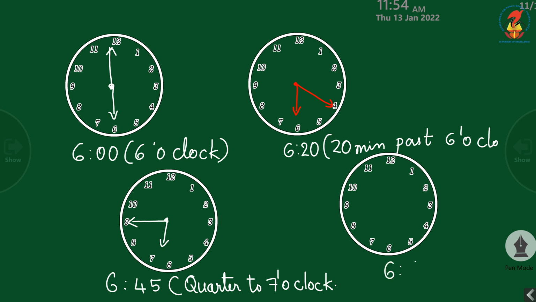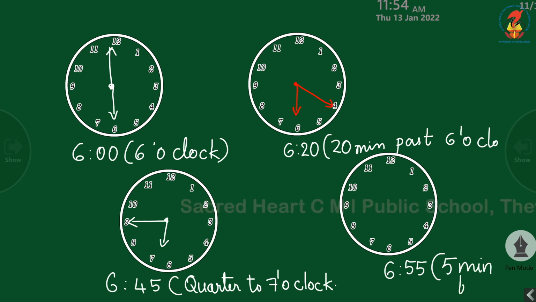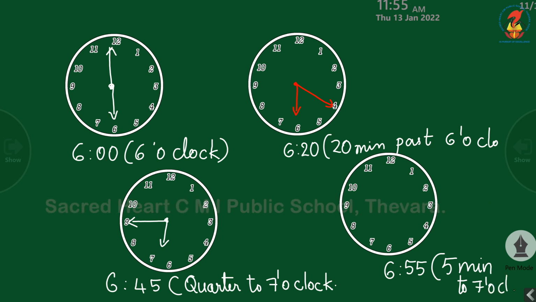Next is 6:55. Another way to say the time is 5 minutes to 7 o'clock. So we write 6:55.